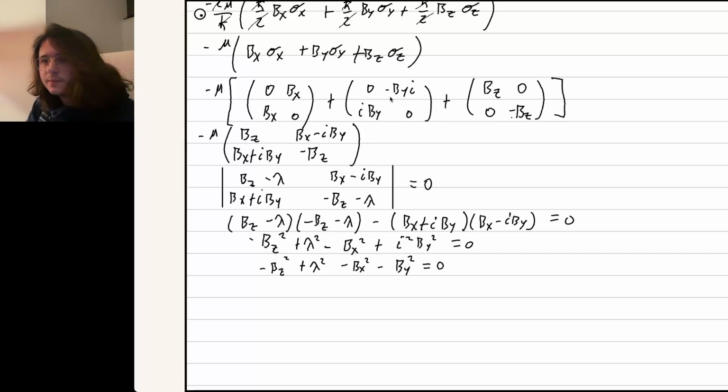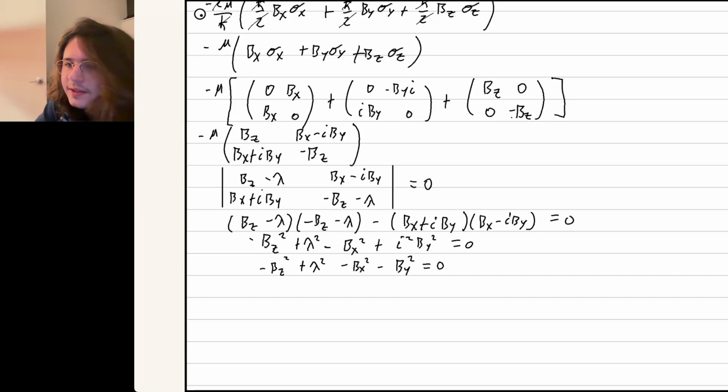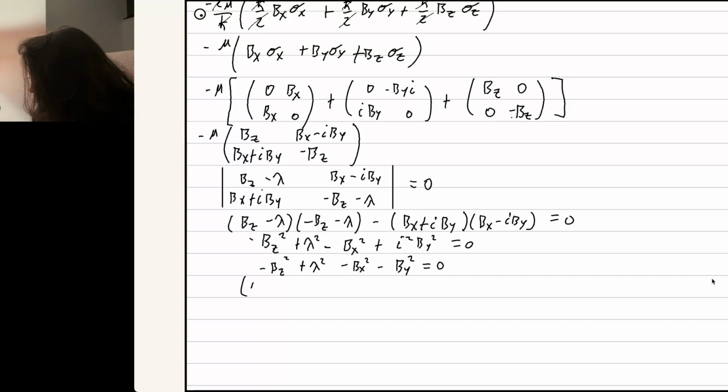I'm just making sure I wrote my sigma 3 right. I got a different answer before, so now I'm in new territory. But still, this can be factored. It's just going to be lambda plus bz plus by plus bx times lambda minus bz minus by minus bx is equal to 0.